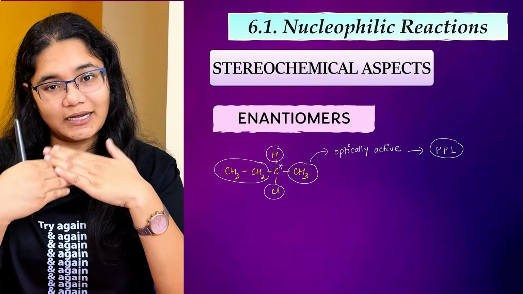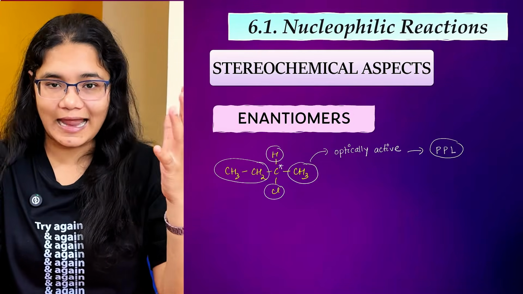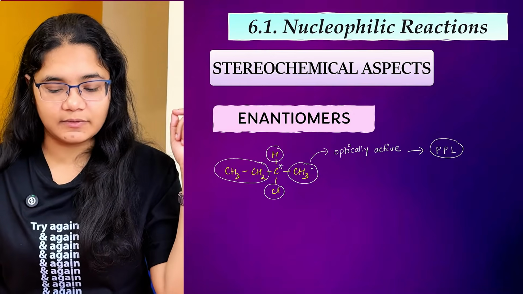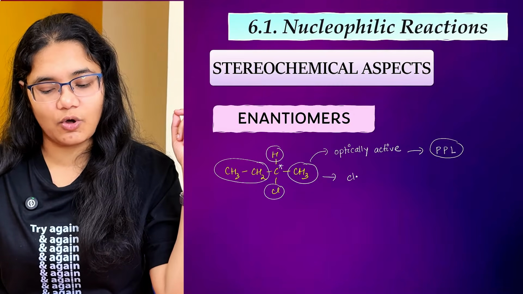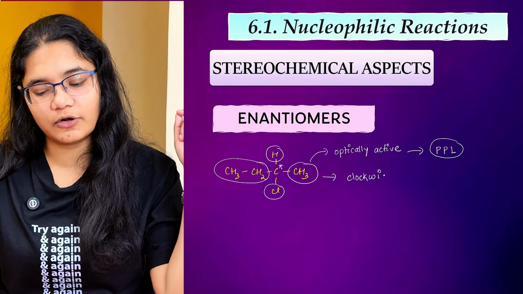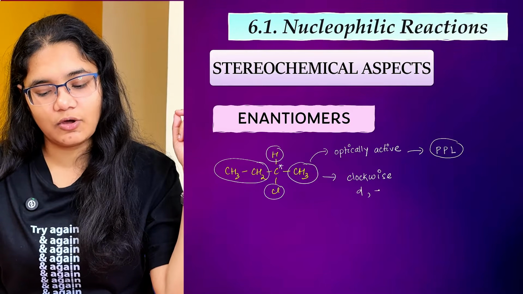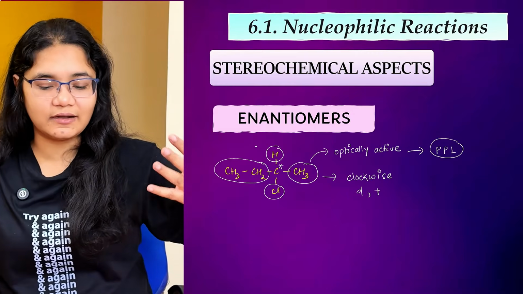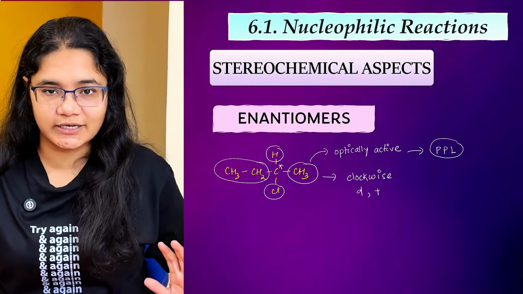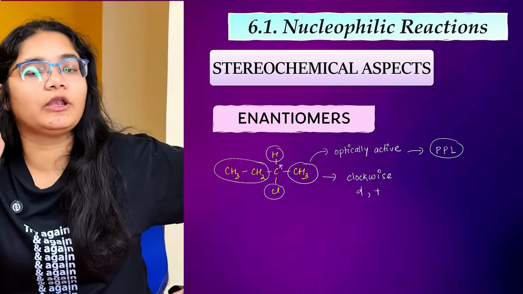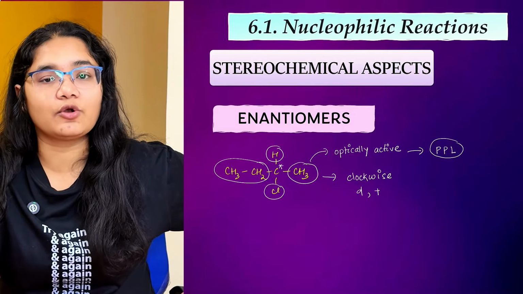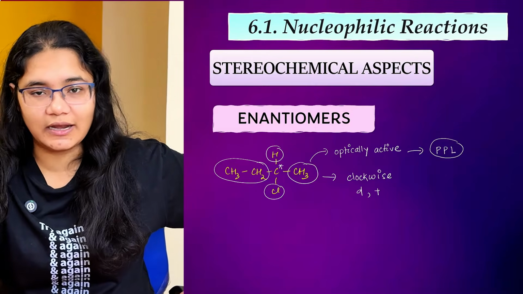You can rotate it either in the clockwise direction or in the anti-clockwise direction. Suppose this molecule rotates it in the clockwise direction. For clockwise direction, we denote the compound as small d or with a plus symbol, which says that this compound is rotating it clockwise. You cannot just look at a molecule and tell whether it rotates clockwise or anti-clockwise. This has to be done experimentally.